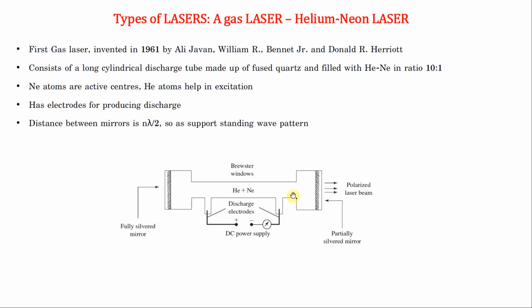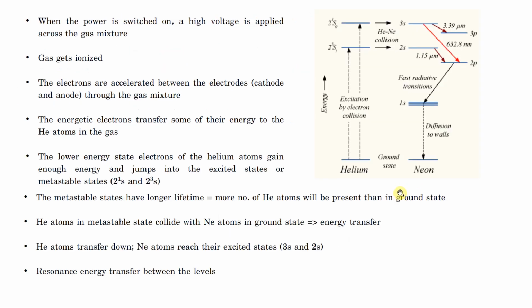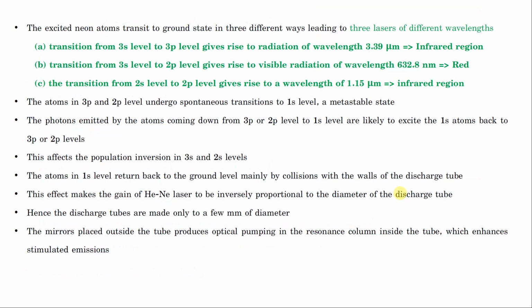So whatever photons are being produced here due to stimulated emission, all of them are getting reflected back and forth, and the Brewster windows make sure that there is no loss of light when the multiple reflection takes place. And finally, what is coming out will be a polarized beam of laser. So that's the working of the helium neon laser.